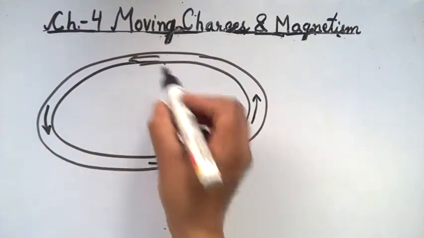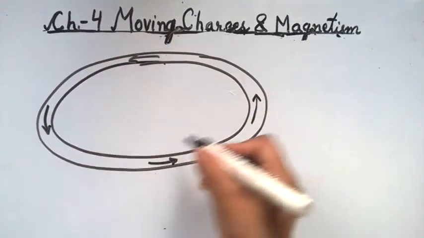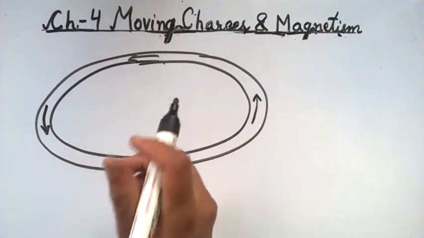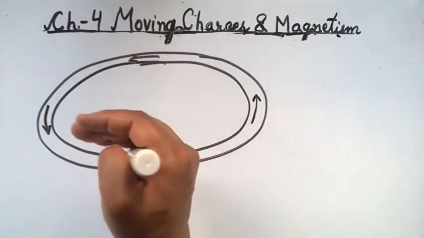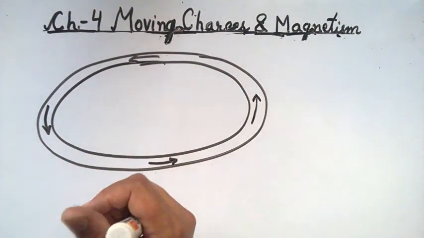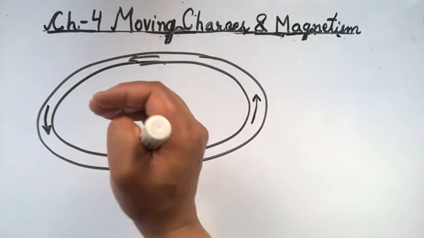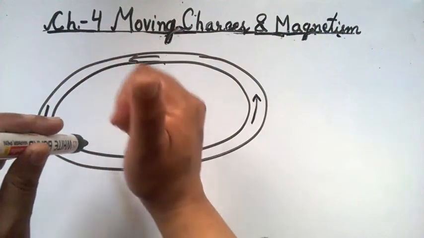It is in this way. The current is flowing anti-clockwise. So as we have studied, according to our right hand thumb rule, if the fingers give the direction of current, then the thumb will give the direction of magnetic field. Here the fingers are giving the direction of current, and so the direction of magnetic field is outward.